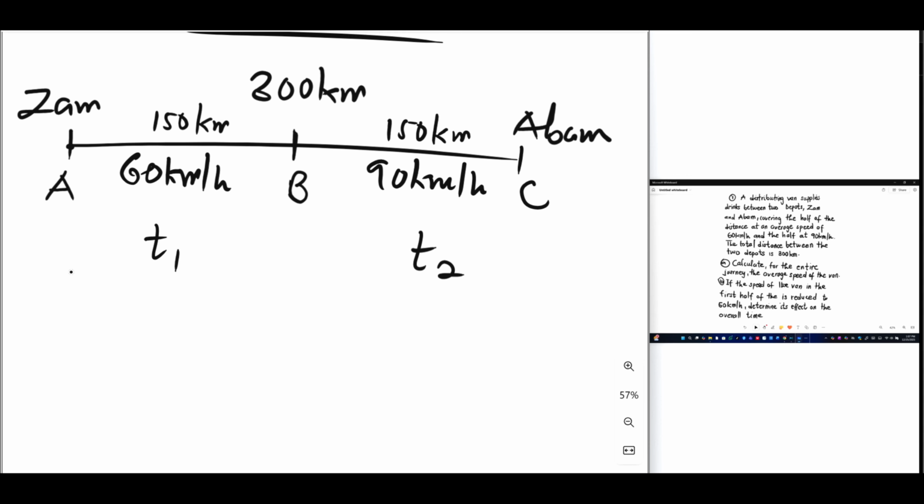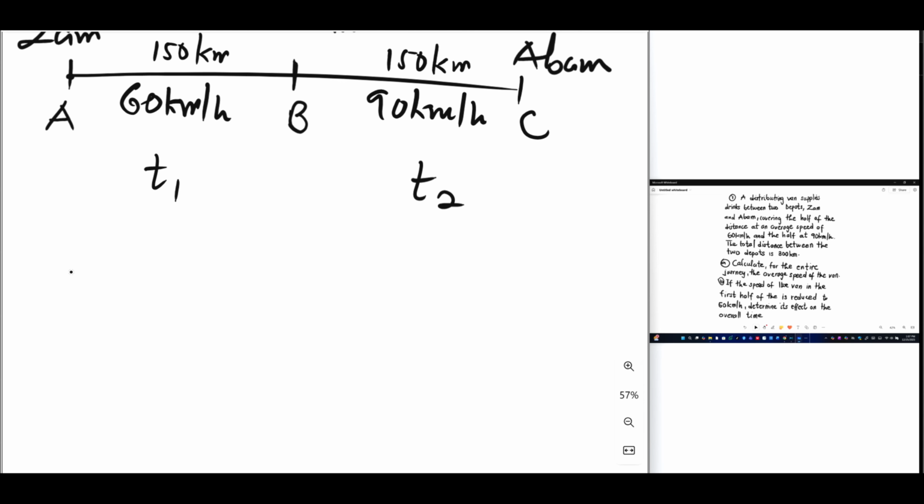We covered half of the distance using 60 kilometers per hour as the speed, and the other half using 90 kilometers per hour. So our first speed is, sorry, 60 kilometers per hour.